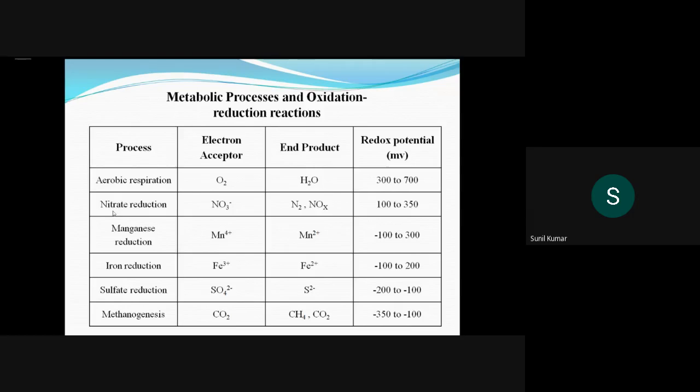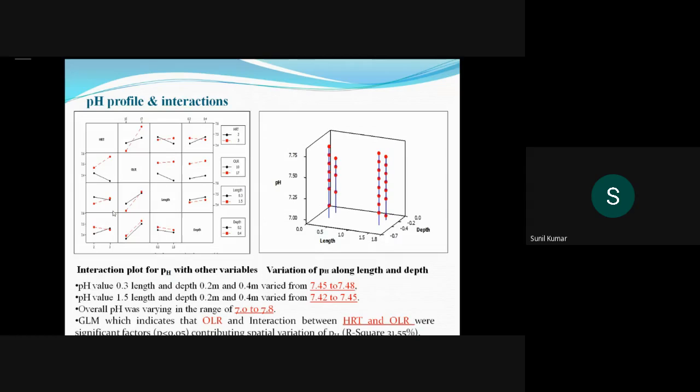So this is how, based on the ORP value, we can come to know which process is predominantly taking place. Again, in the anaerobic process, sulfate has a major role as electron acceptor, whereby biomethanization takes place. Like that, we can conclude based on the oxidation reduction potential values. pH is also varying.